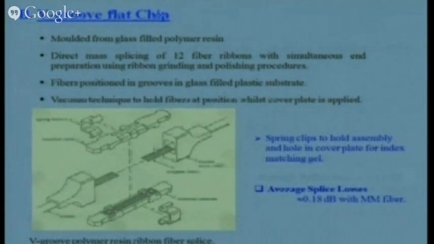All these fibers are in a ribbon. Ferrules on the other side are also in multiple form, then they can be put over the sleeve. The sleeve or substrate should also have a number of channels equal to the number of fibers, and ultimately they can be locked together. So multiple splices are also available for all these applications.